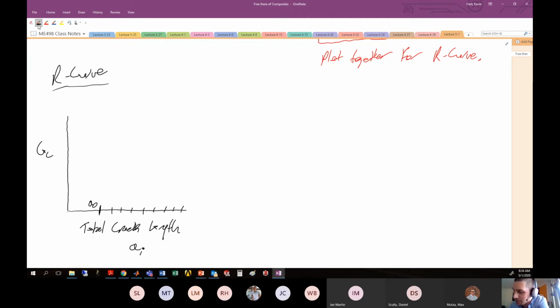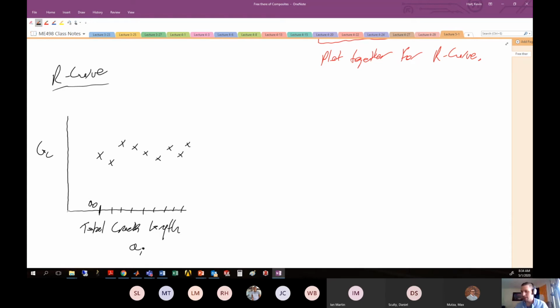So you're going to end up with discrete data points on here that look something like, I don't know, maybe the energy of that fracture event was there, maybe the energy of that fracture event's there, and here, and so on. These are all the data that you get from your one singular sample, showing the G_C value associated with each fracture event.